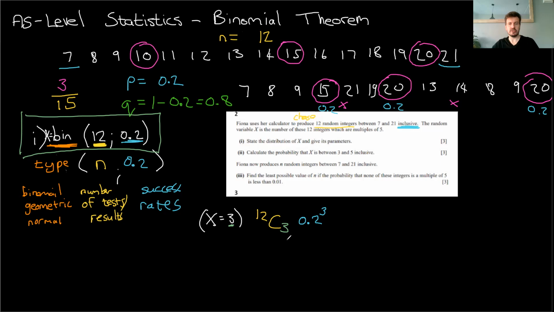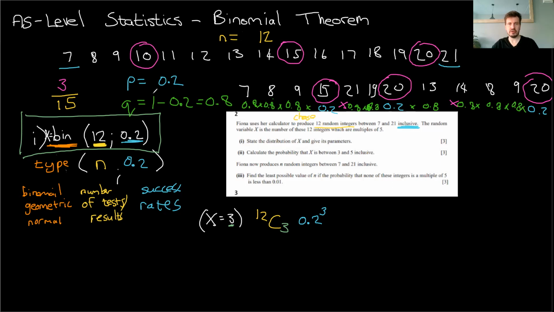But of course, you've also got to account for the unsuccessful 9 of them, right? 1, 2. So in a sense, it'd be 0.8 times 0.8 times 0.8 times 0.8. So if you were to do this together, you would times everything by 0.8, all the unsuccessfuls, times 0.8 times 0.2.